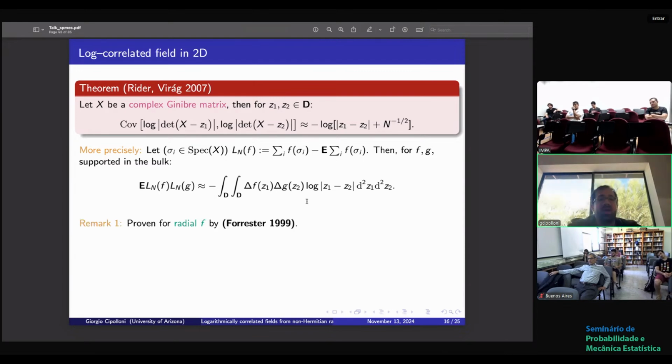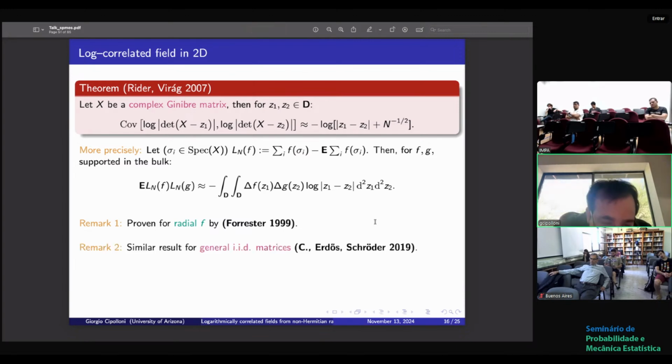Okay, and let me just briefly go through a bit of history of the study of this kind of question. So this convergence to a Gaussian field was actually first proven by Forrester in 1999 in the special case where f is a radial test function, and then more recently, with Tertuliano and Schroeder, we proved that the same result does hold not only for complex Ginibre matrices, but for general IID matrices, matrices with IID entries but general entry distribution.